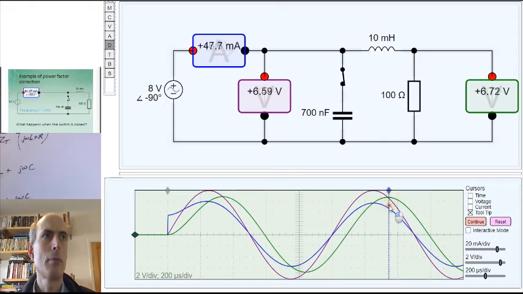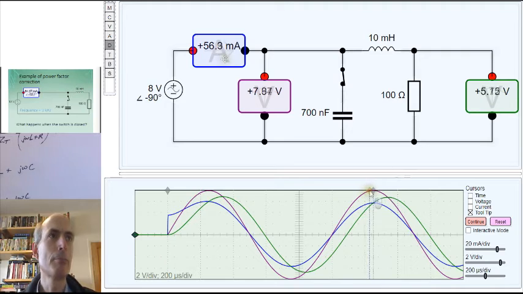Okay, maximum value of the voltage across the resistor, about 6.72 volts. Maximum value of the current, 56.9 milliamps. It's dropped quite significantly.